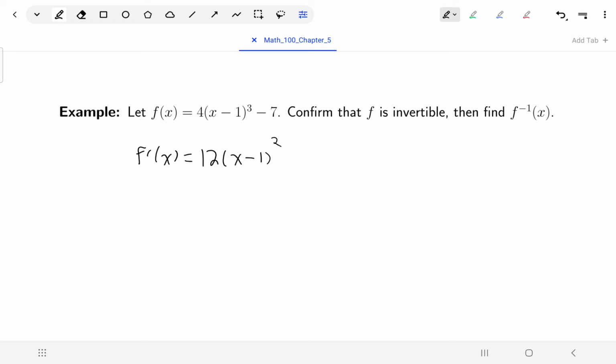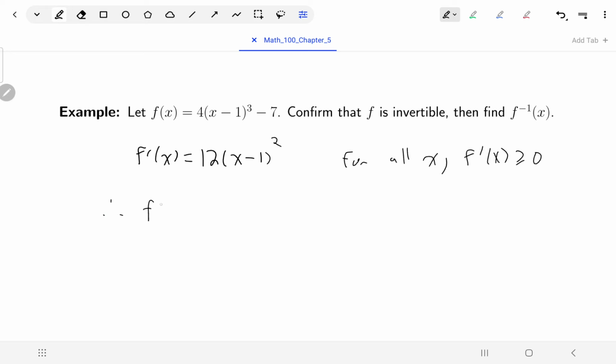The thing that I'm going to note here is that for every x, f prime is going to be greater than or equal to 0. When x is equal to 1, that is the one and only place where our derivative is 0. Every other place our derivative is positive. So we don't really have any places where this function is strictly constant. It is always increasing.